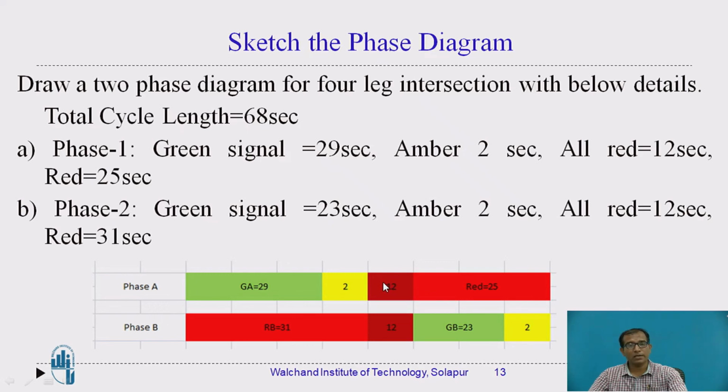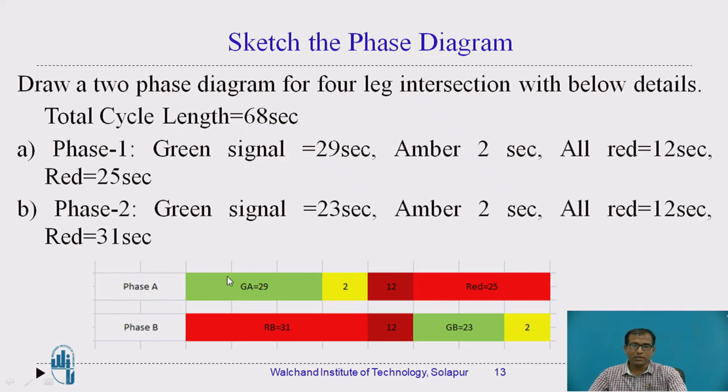It is for clearing pedestrians, or clearing emergency vehicles, or any vehicle caught in the middle of the intersection. And further 25 seconds is the red time.